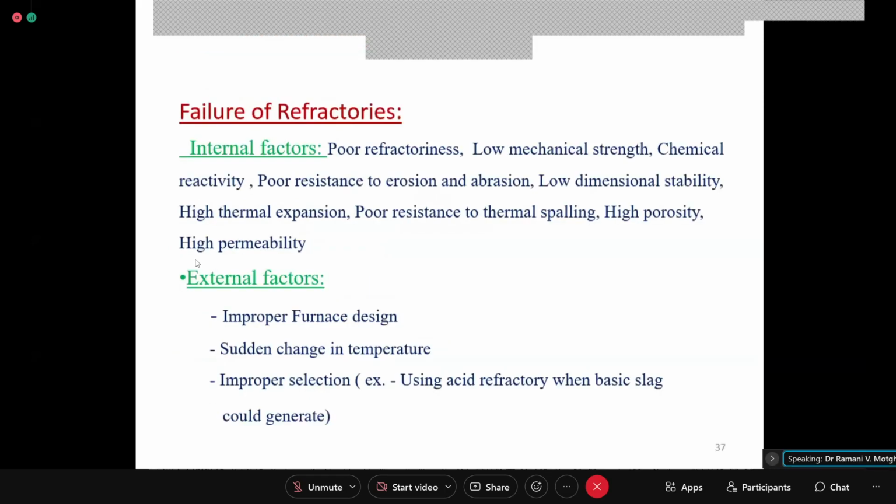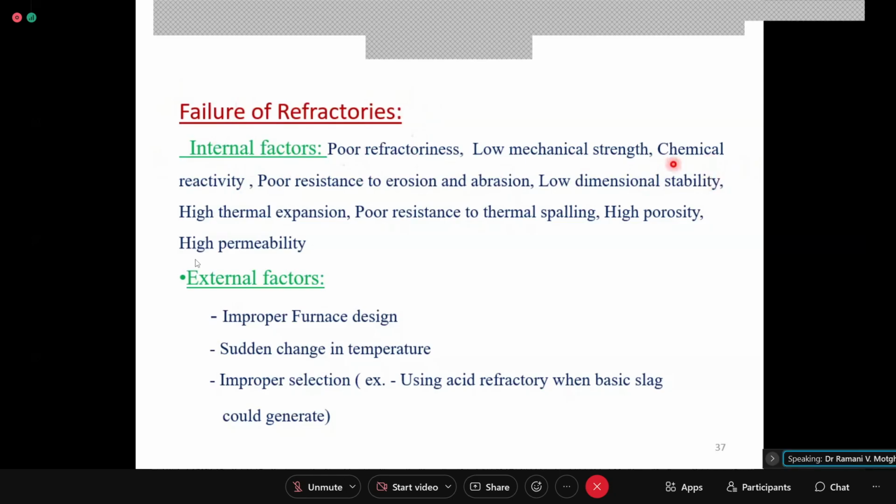Okay, failure of refractories. Internal factors are there, for example, poor refractoriness and low mechanical strength. Failure means that under operating conditions, the refractory is not able to perform its job.